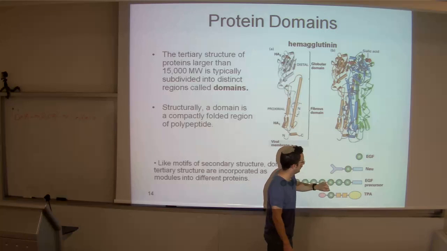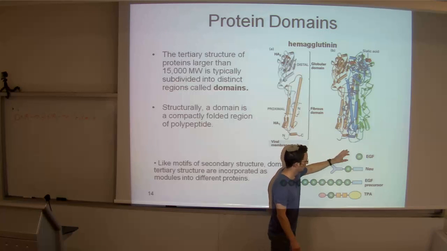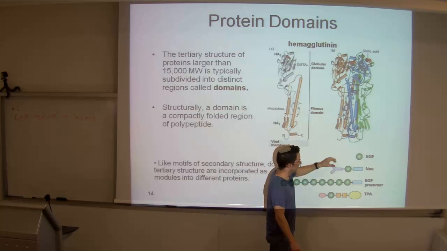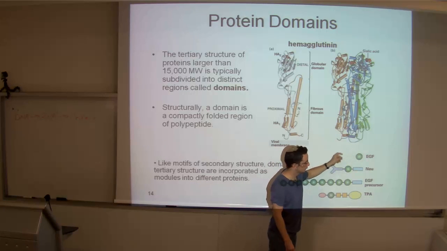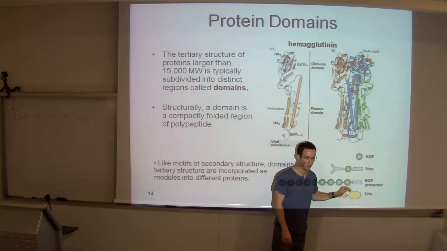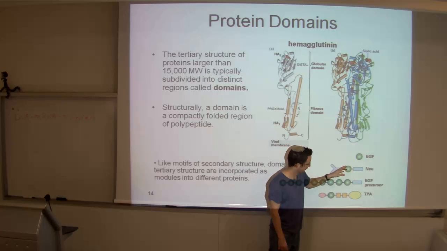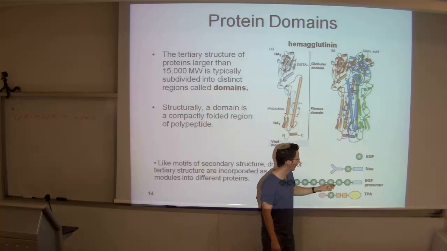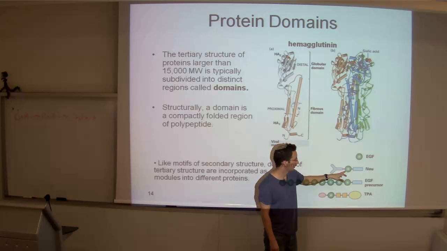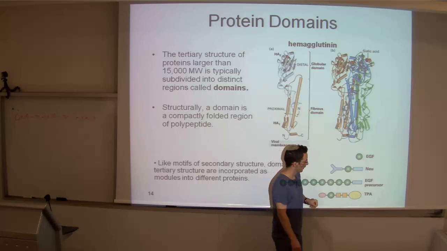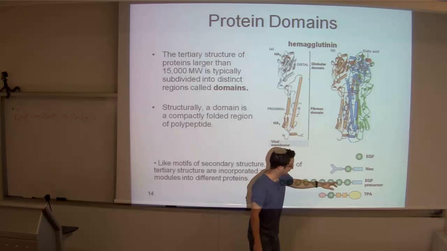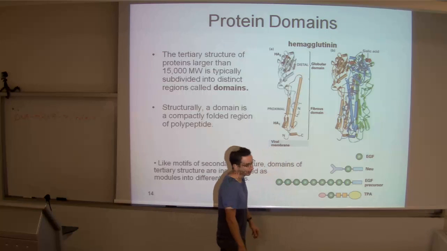It's a monomeric protein, built of a single globular domain, but its domain can also be found in another important neurobiology protein called neuroligin. So the same domain is found here in addition to other domains. And it can be found in several copies in the EGF precursor protein and so on.